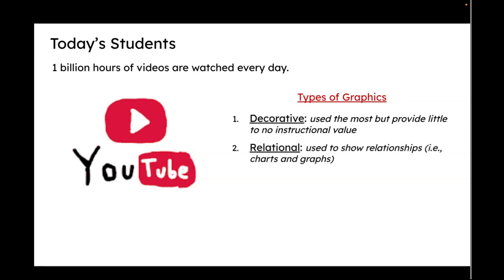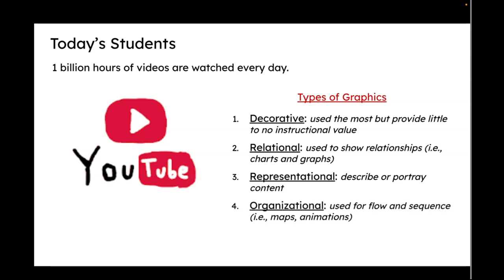Then we might have relational graphics that are used to show a relationship to something, such as a chart or a graph. Representational graphics, which describe or portray content. And then finally, organizational graphics used for flow and sequence. And we are going to cover a little bit of all of that moving forward.